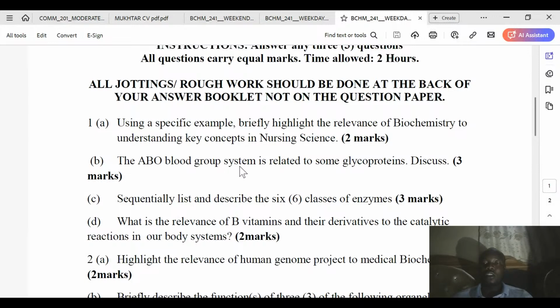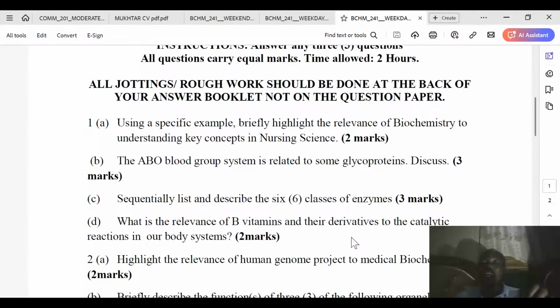We are now moving to isomerase. Okay, Sandra, isomerases are a group of enzymes that catalyze isomerization reactions. Yes, sir, please, come again on transferase.